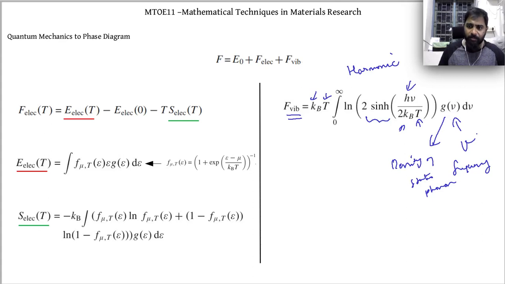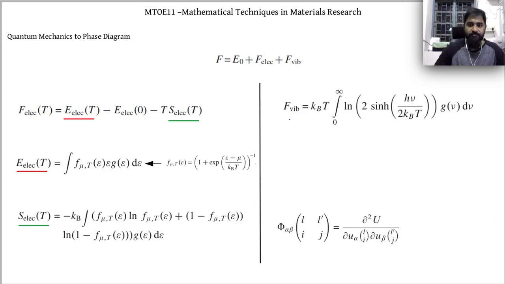Ultimately, if I'm able to come up with an expression for the frequency, then I'll be able to find the contribution to my free energy based on the vibration. Now, in order to do that, we begin by estimating the force that induces, or rather propels, this vibration. So this force is a tensor, and it is expressed in this way.